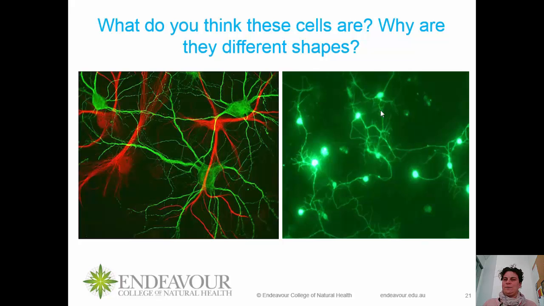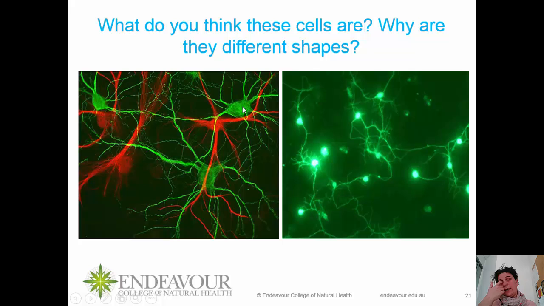What about these guys? These guys are pretty full on, aren't they? Well, I'm sure that you guys have guessed it. These are neurons, different types of neurons. These are both fluorescent images. So in green here, you can see these massive projections coming out of what we call a cell body. So this one cell, you can't actually see the end of it because you can't see all of these different projections that are green coming out of this cell body.